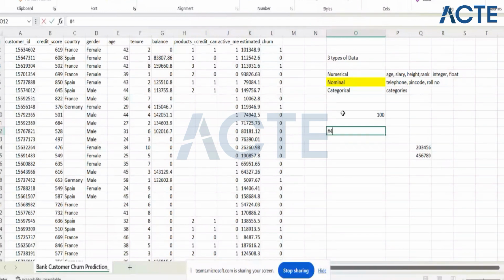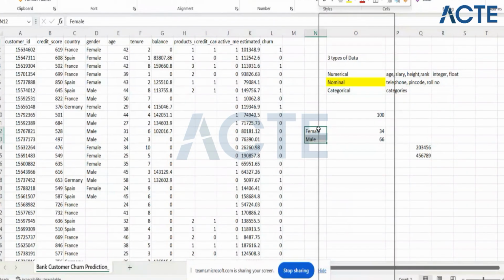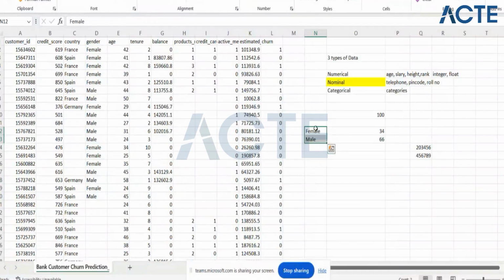34 female and 66 male, right? So these 34 female are one category and 66 male are one category. So this is my categorical data. If someone asks me what the numbers of male and female are, I will tell them 34 and 66.